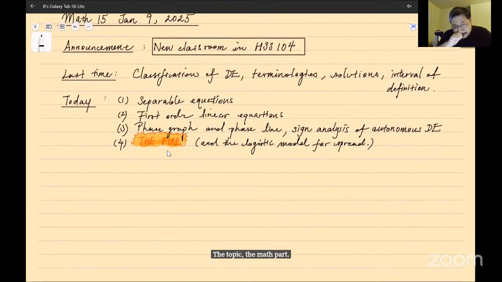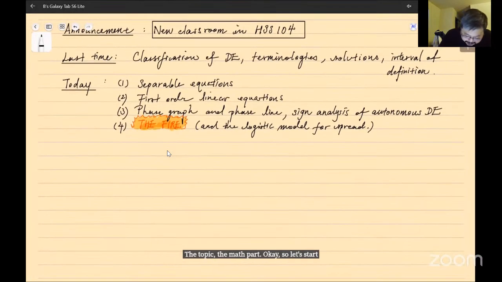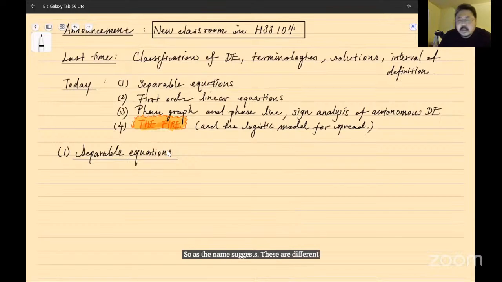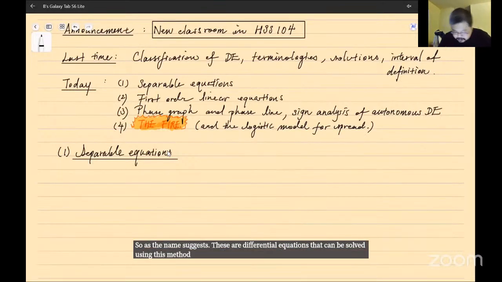Okay, so let's start with separable equations. One, separable equations. As the name suggests, these are differential equations that can be solved using this method called separation of variables.